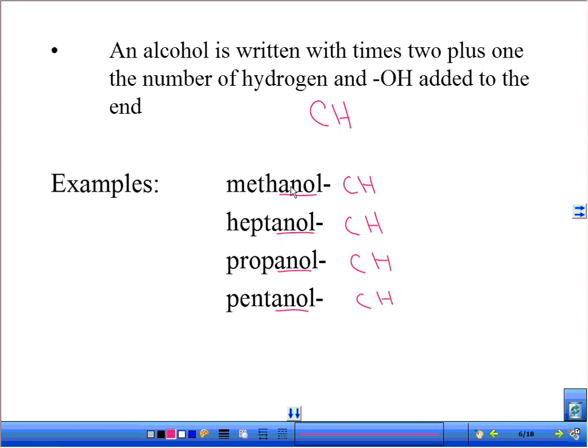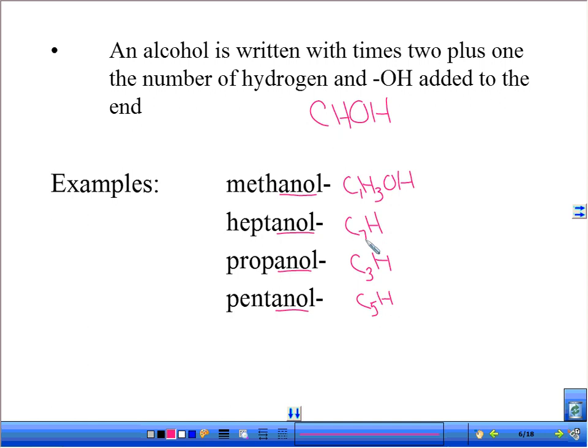But the difference, because it's an alcohol: this would be C1, this one is C7, this is C3, and pent is 5. In order to figure out the alcohol, it is times 2, plus 1, and add an OH. That's what makes it an alcohol. So all alcohols have this basic formula, CH and then an OH.